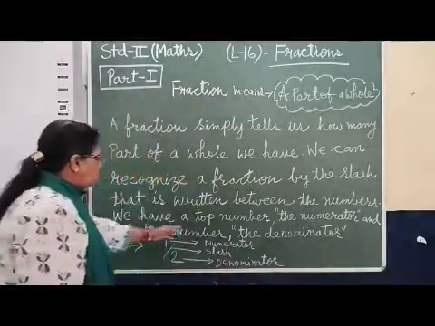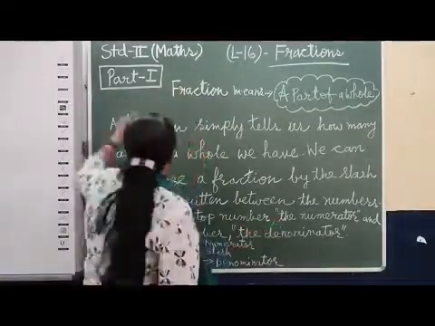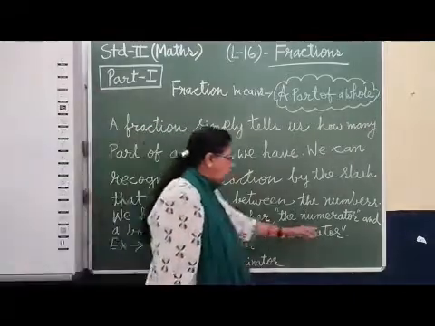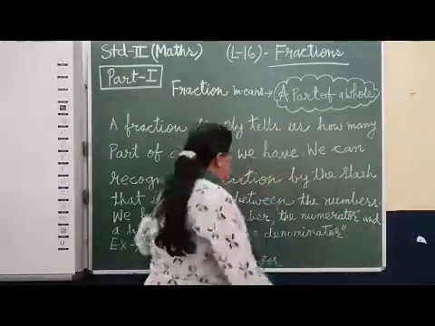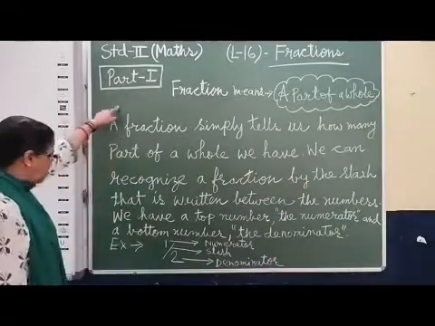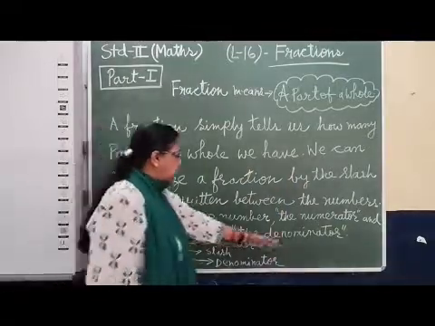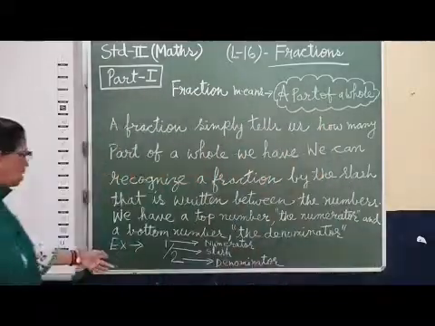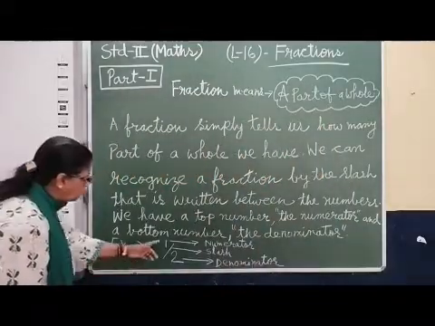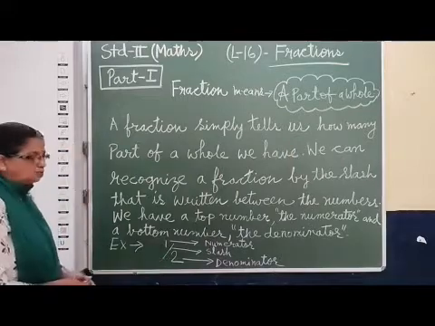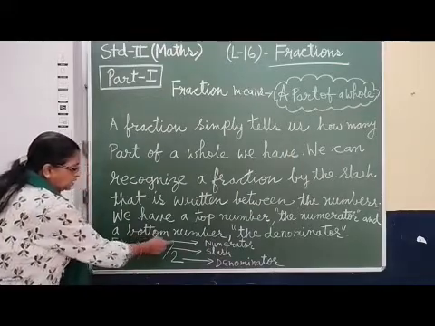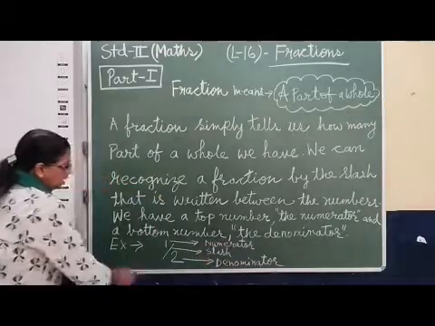Okay? We have a top number in 1 by 4. The top number is 1, that is the numerator, and the bottom number, that is 4, is called the denominator. With an example I have shown you: 1 by 2. Here the top one is 1, called the numerator.